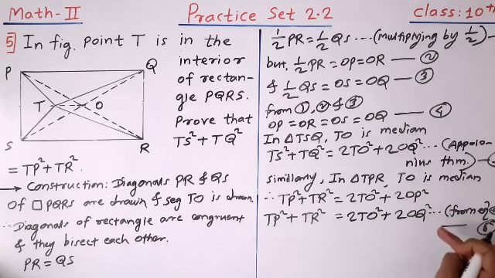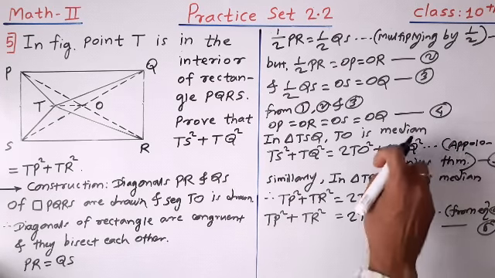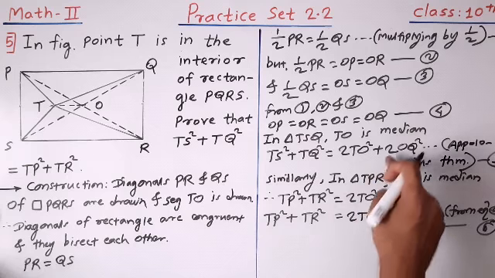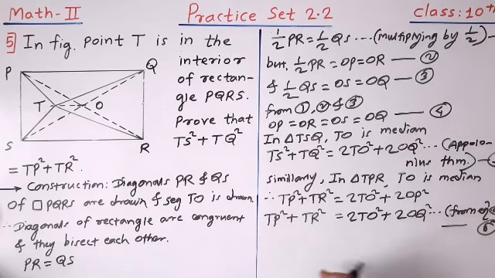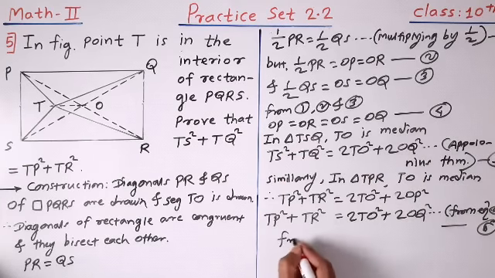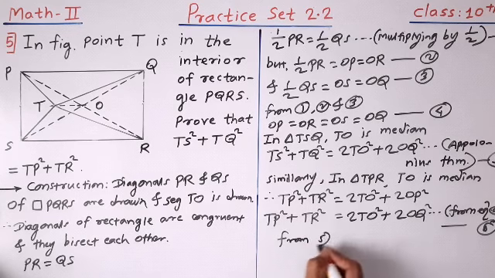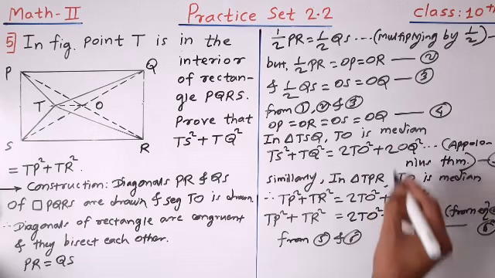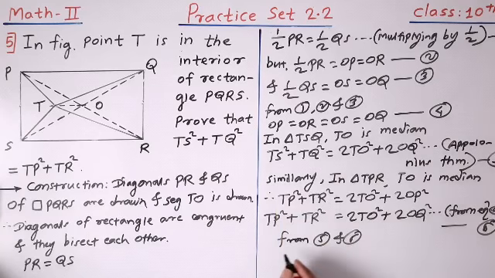From equations 5 and 6, you can see that their right hand sides are same or equal. And as their right hand sides are equal, so we can write their left hand sides are also equal. So what is our conclusion from equations 5 and 6? RHS are equal, so LHS are also equal.